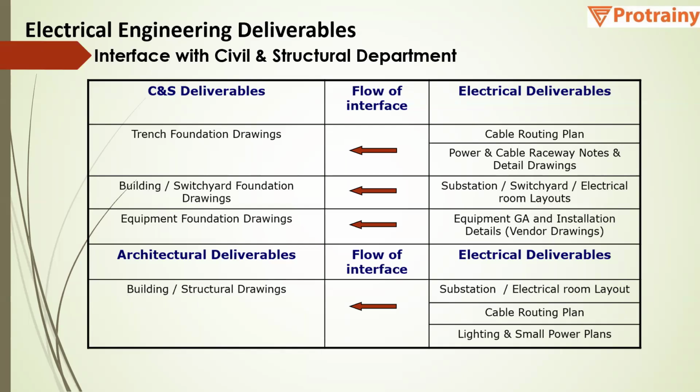Then based on the electrical equipment general arrangement drawing, we will prepare the concrete foundation for that particular electrical equipment. Similarly, the substation layouts, electrical room layout, and cable routing plan will contribute to the overall building plan: what will be the size, and where they will place the electrical room in the building, all those things will be done.